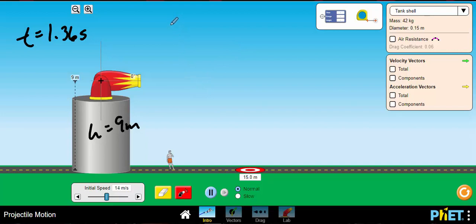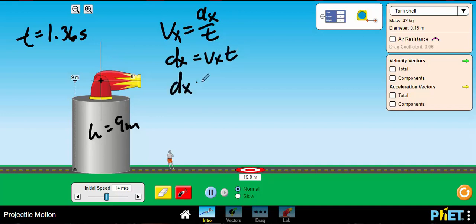So now I've got the vertical, so now my horizontal, my Vx is equal to dx divided by time. So dx is equal to Vx times time. So my dx is going to be equal to, my Vx is 14, it's right down here, 14 times my time, 1.36, because remember the horizontal component remains constant.